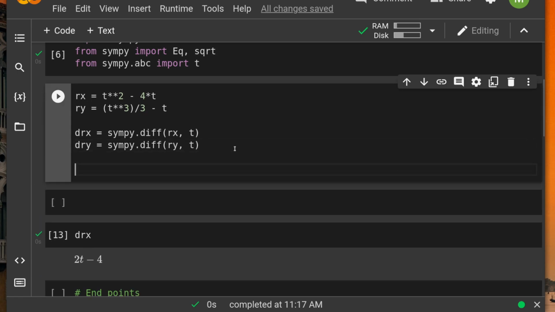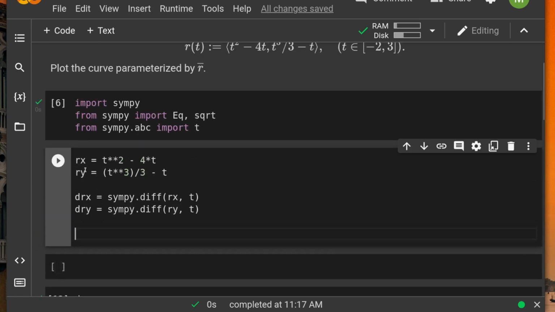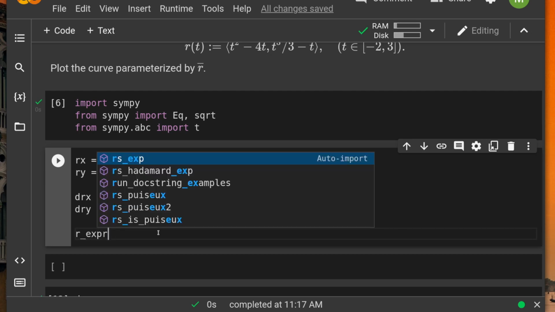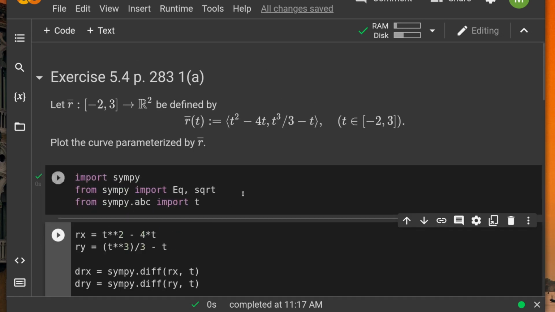I'm also going to put these two components together. That will make it a little bit easier if we need to work out the actual points on the curve that we're interested in. I'm going to call this the r expression. What is this going to be?